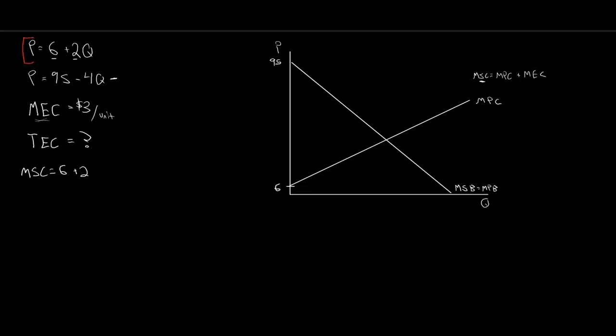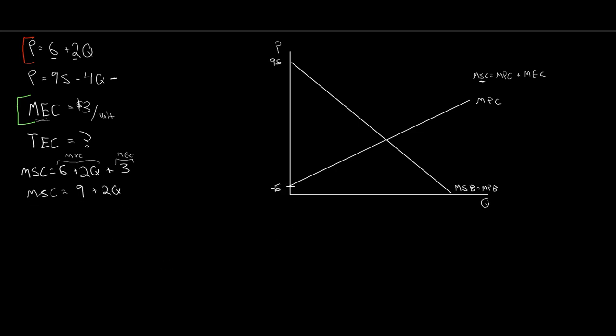So 6 plus 2Q plus my marginal external cost, that one, so 3. So what do I have here? Marginal private cost plus marginal external cost. So my marginal social cost then is 6 plus 3, that's 9 plus 2Q.